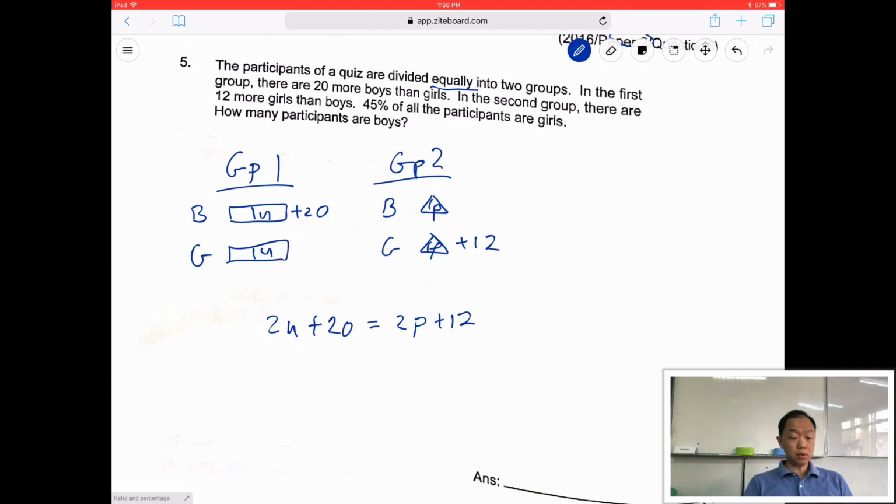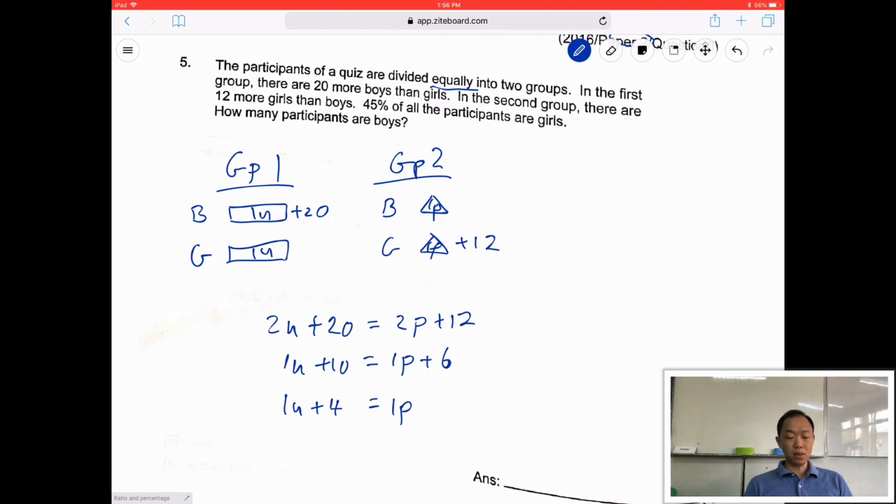So if 2 units plus 20 is equal to 2 parts plus 12, divide everything by 2. 1 unit plus 10 is equal to 1 part plus 6. So 1 part is equal to 1 unit plus 4.